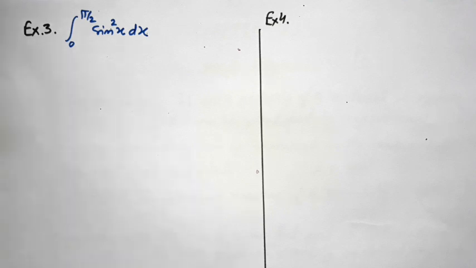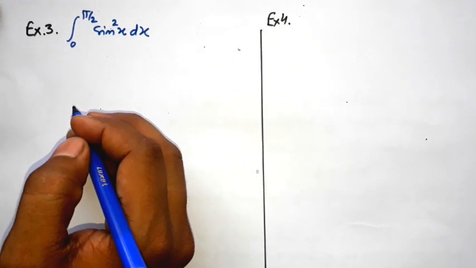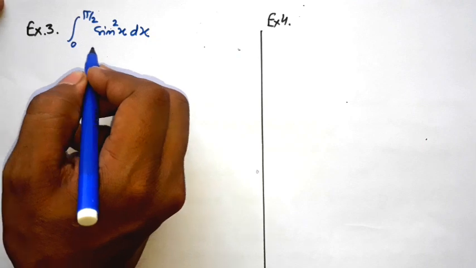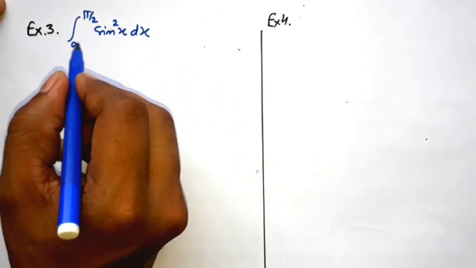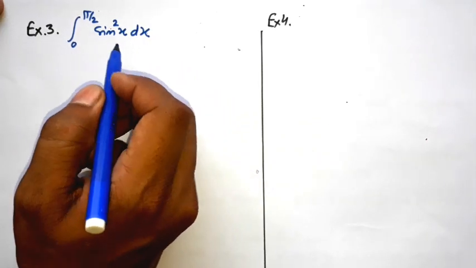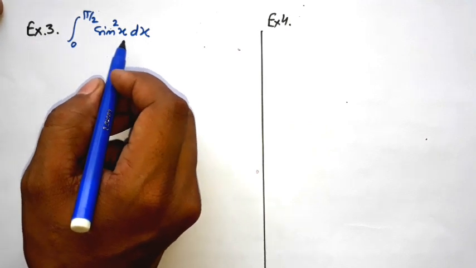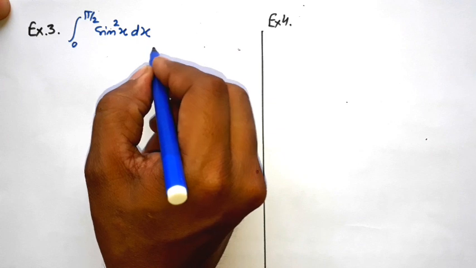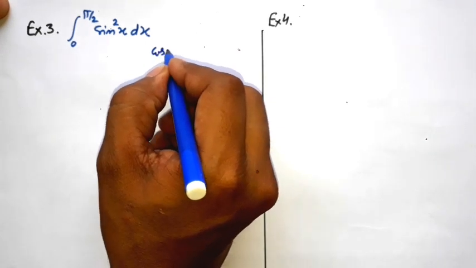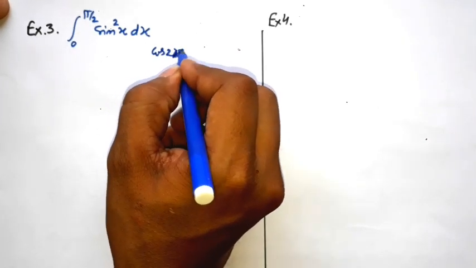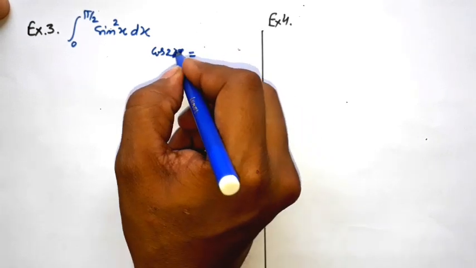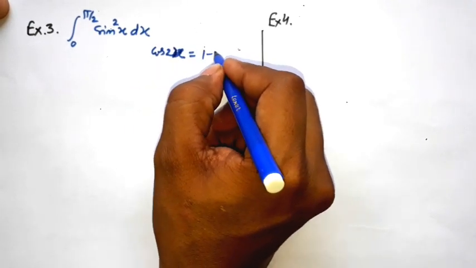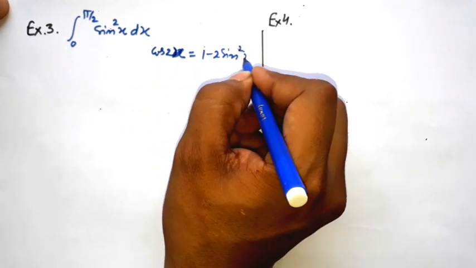Now the next question is integration 0 to pi by 2 of sin square x. So we have to integrate sin square x, but we cannot integrate sin square x directly. We have to apply an identity which is cos 2x, and the value of cos 2x is 1 minus 2 sin square x.